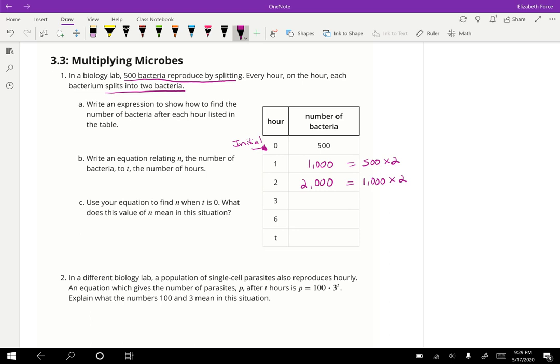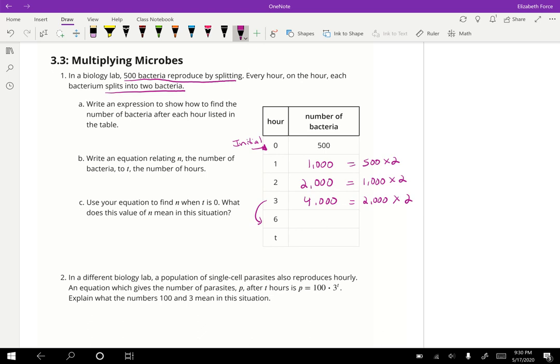In hour 3, we're going to take our 2,000 and we're going to multiply that by 2. So 2,000 times 2 is going to give me 4,000. Now be careful, they are skipping from hour 3 to hour 6. So if I went off to the side and did some math, just to find those fill in the gaps, it might help.